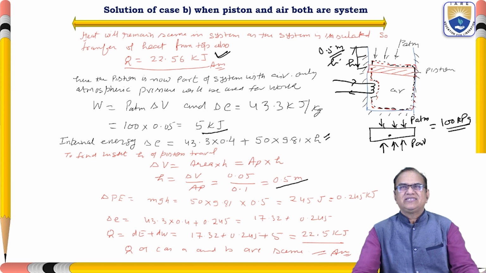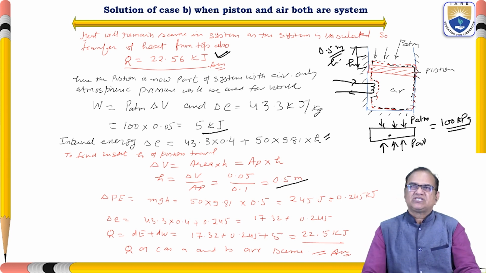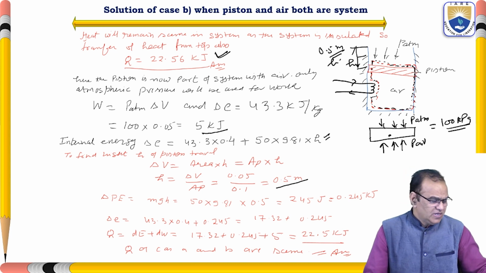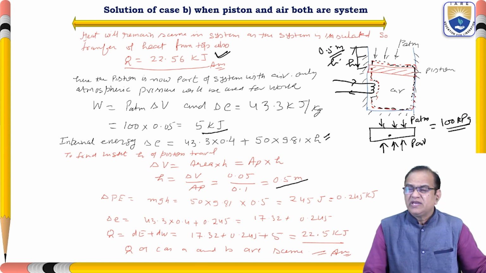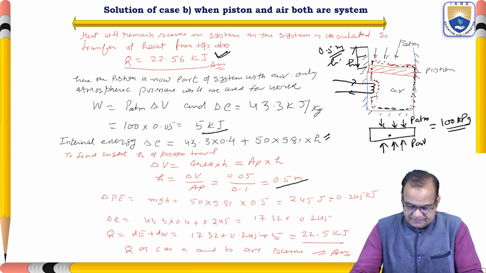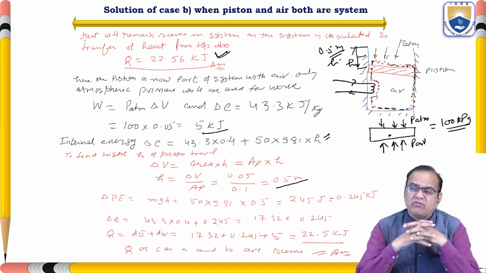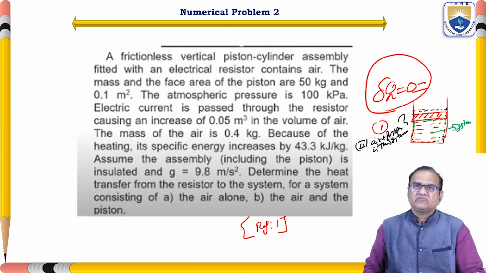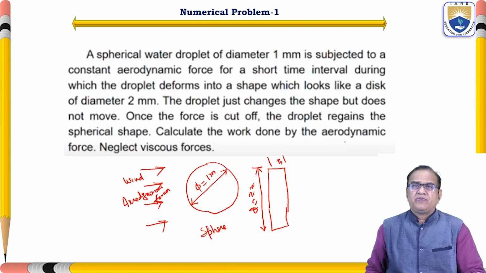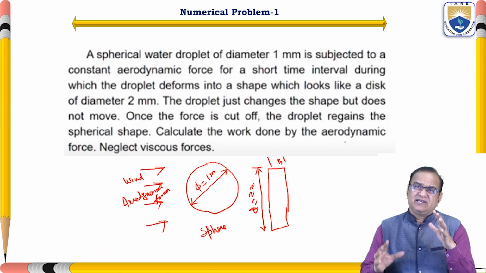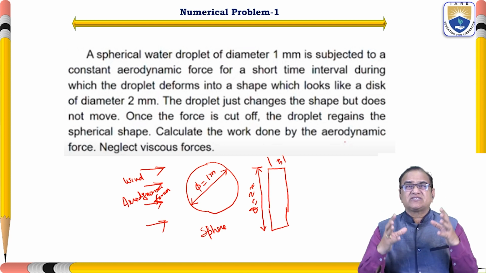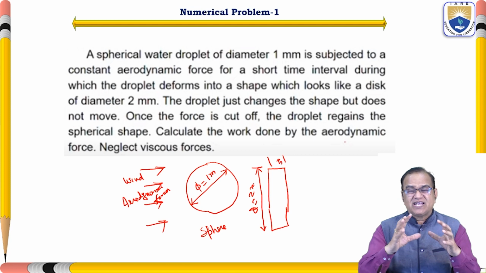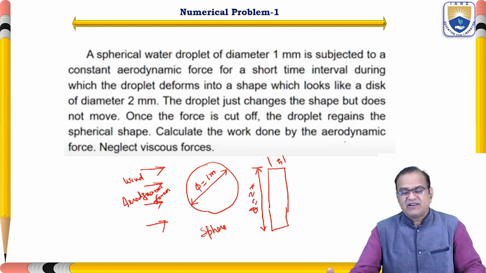So that is the second problem which we have tried to solve. I hope these two problems are clear. The first one was related to the drop, the effect of aerodynamic forces on the rainwater, which is converted from spherical shape to the cylindrical shape.